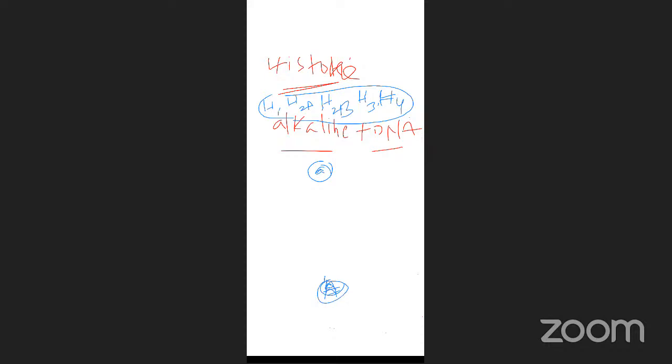The ancestor histone protein sequence of amino acids, for example, A, B, D, Z, X, C, like this arrangement. The same sequence of amino acid arrangement continues in the offspring: A, B, D, Z, X, C. So that means it's much conserved. Histone proteins are much conserved, with no change in evolution. They maintain it constant.